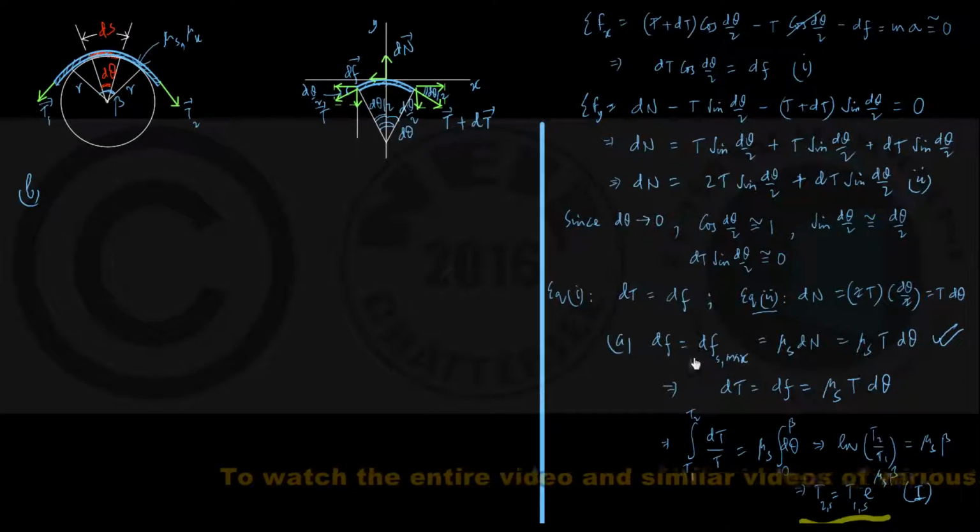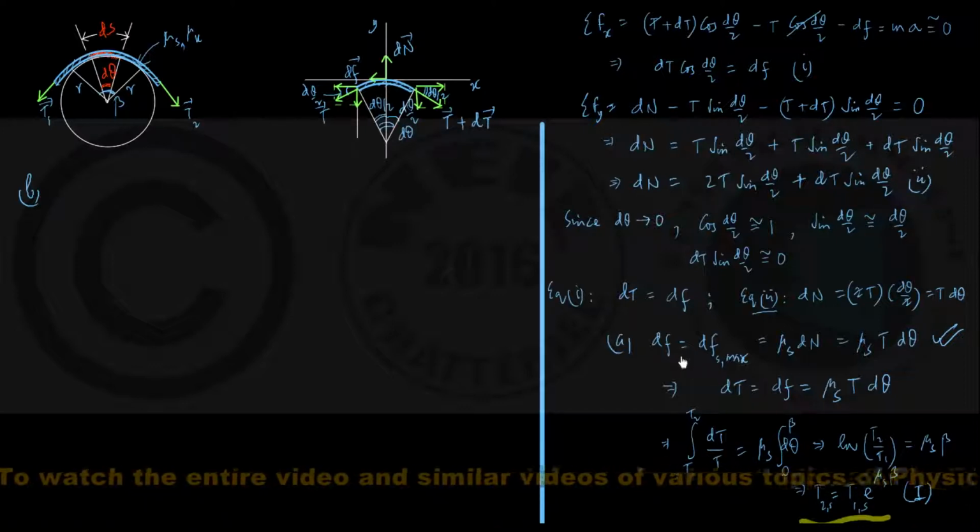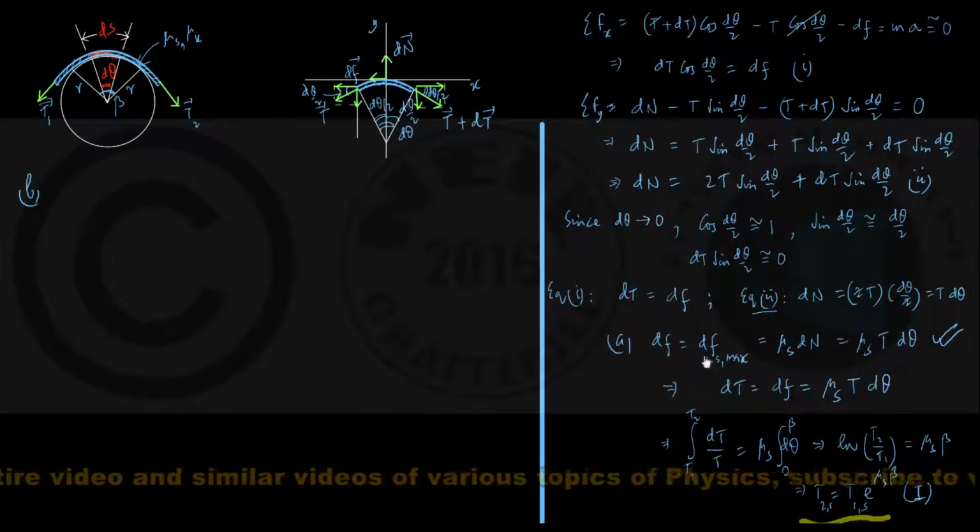In part A, we have shown, in case the rope is just about to slip on the pulley, I have used this relationship. So coming back here, when the rope is actually slipping on the pulley, this dF becomes equal to the corresponding force of kinetic friction, isn't it?